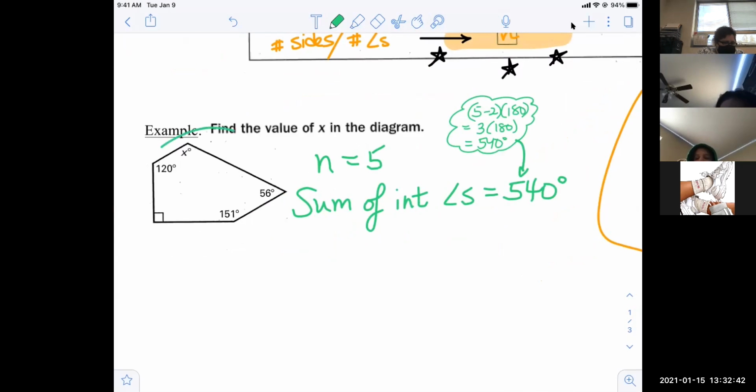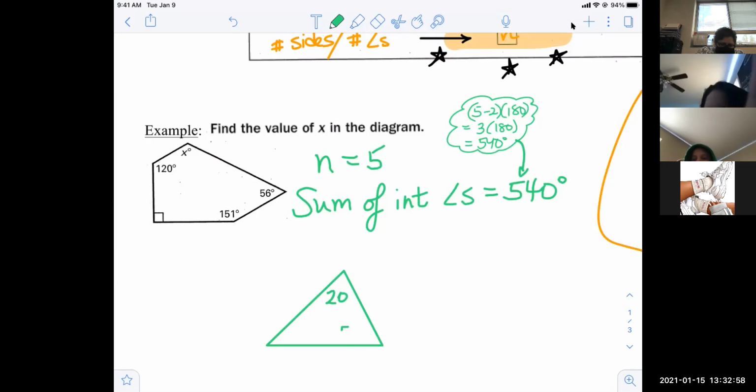For this one, just add them all up. What are we checking? If it was a triangle and I said this was 20 and this was 7x and this was x plus 8, what would your equation be?